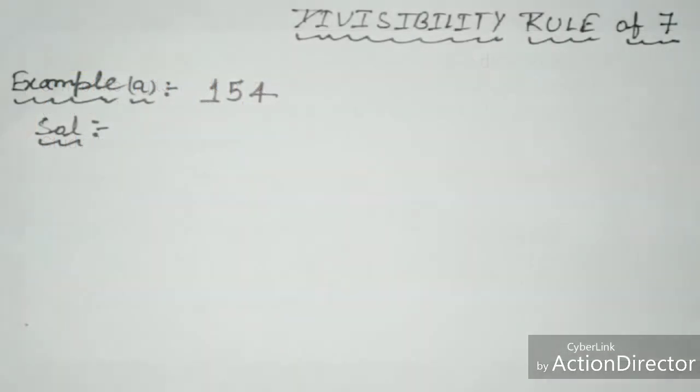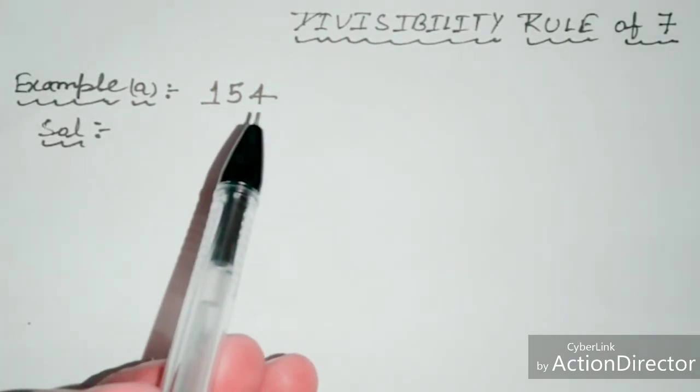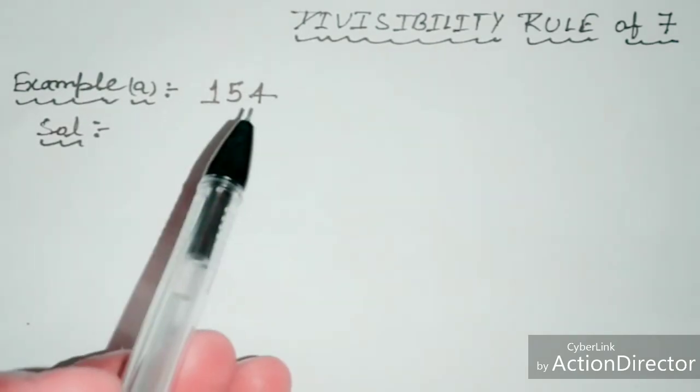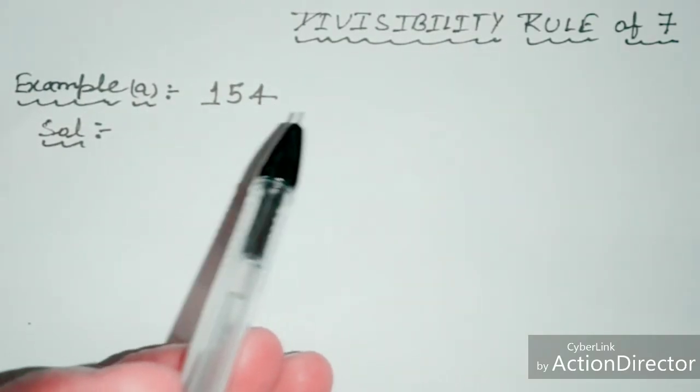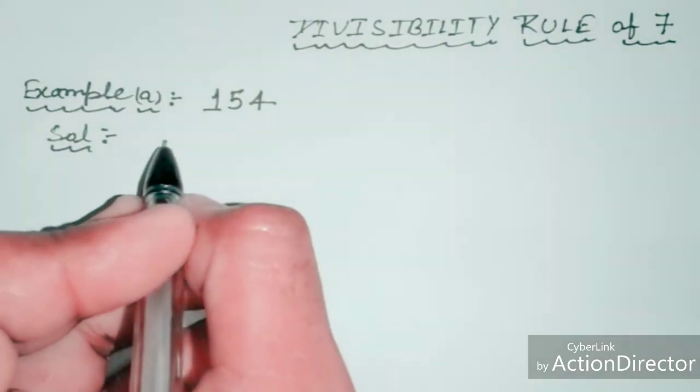Now students, here I solve some examples related to the divisibility rule of 7. Example A, 154. We check whether 154 is divisible by 7 or not. First remove the last digit.